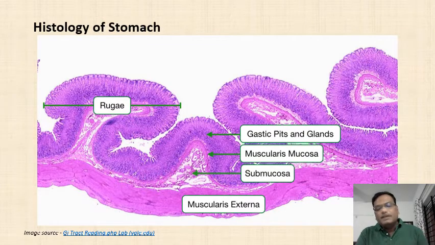So in case of small intestine, what we find are finger-like projections which are called villi, but here we don't find villi. This is because stomach does not have an absorption function, so there is very little digestion and literally no absorption in the stomach.